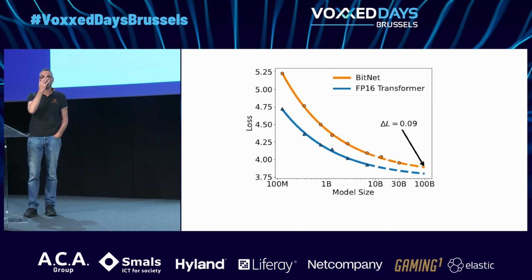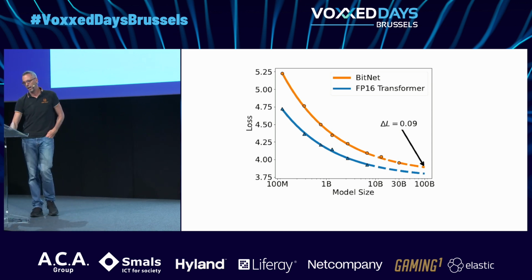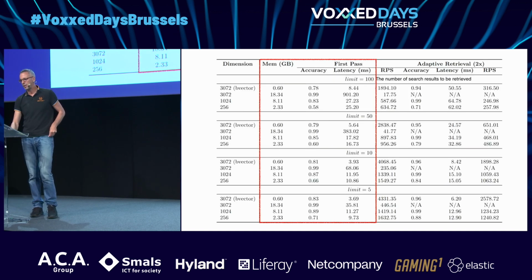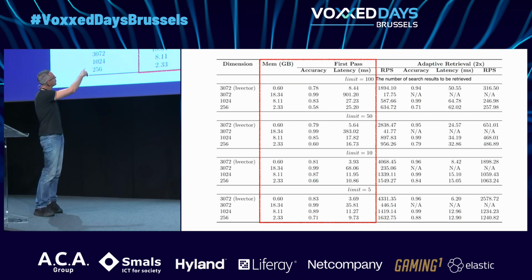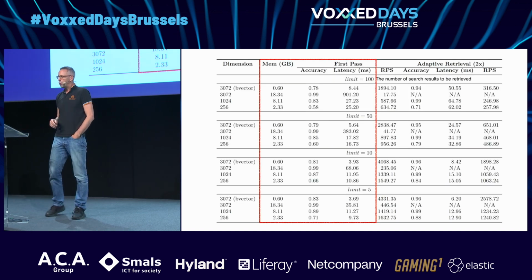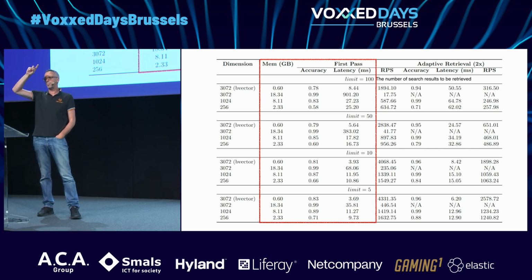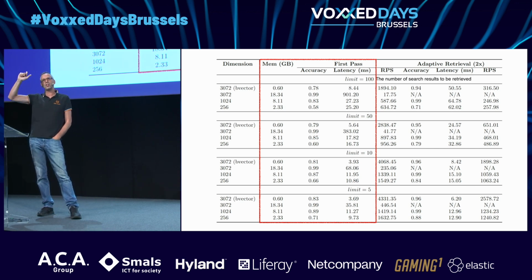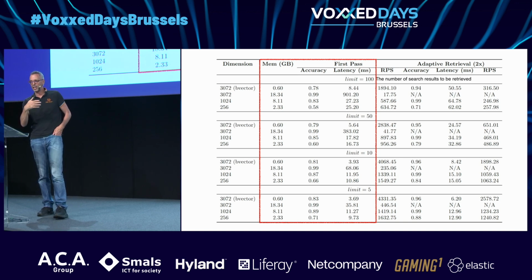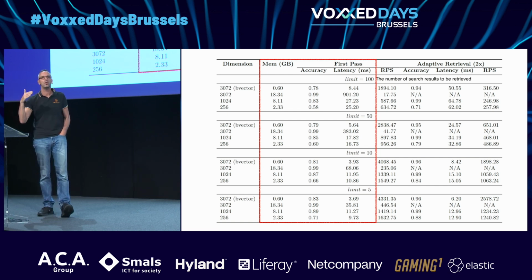Seriously, I'm trying to follow all these trends, and it's like drinking out of a fire hose. But this is an interesting trend, and there are some interesting statistics. The top one is the binary one, and then you have the other dimensions with floats, and you can see that the latency to get a result is like 8 milliseconds versus 900 milliseconds if you use the full 372 dimensions.